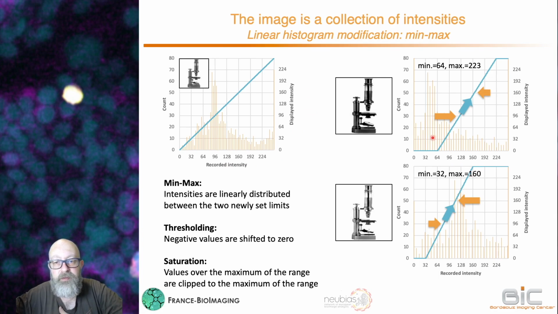If you move the minimum toward the right, you will end up with values that can't be displayed because you don't have any displayable intensities for them, so they will automatically appear with the first intensity, the zero intensity, or the shade corresponding to the zero intensity. And the opposite is also true. If you lower the maximum, all intensities above will be displayed with the maximum of the color range that you've selected.